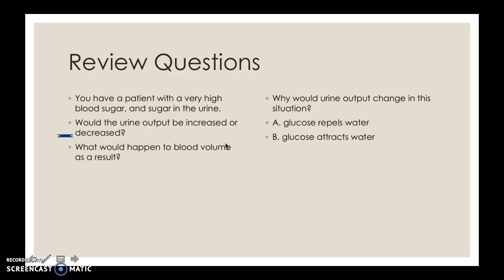You have a patient with a very high blood sugar and sugar in their urine. Would the urine output be increased or decreased? You would expect the urine to increase because your body's trying to flush out that glucose. What would happen to blood volume as a result? If you're getting rid of urine, it would decrease.